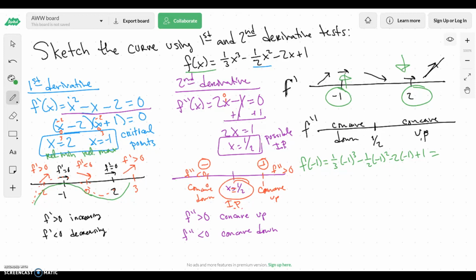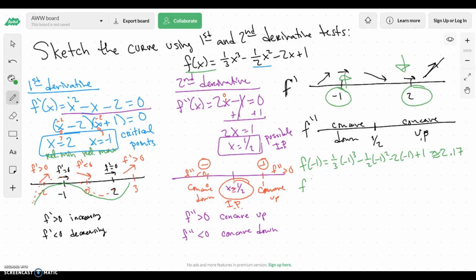I'm going to use my calculator. What I ended up getting was about 13/6, or 2.17 around there. So that's how high that's going to go.